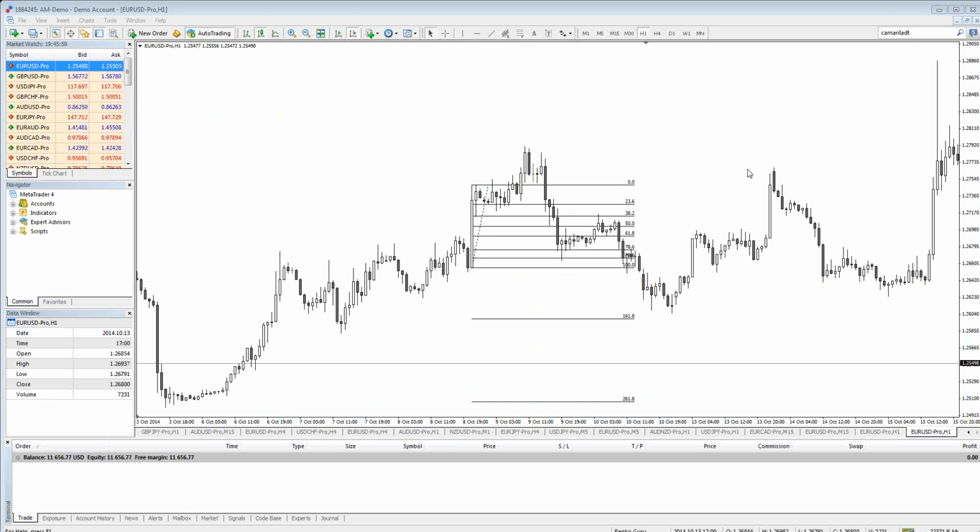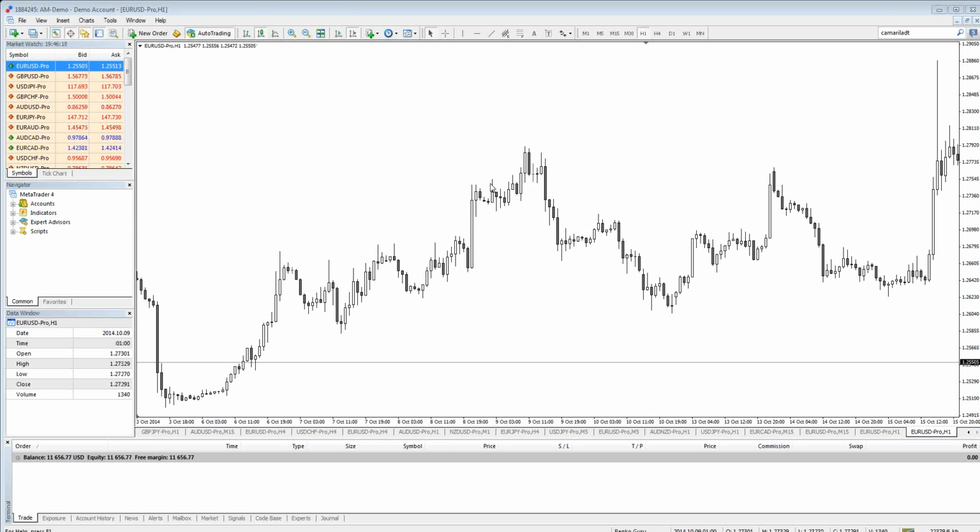Sorry guys, the screen was paused. Thank you for noticing. Now this is the example, okay? This is the example. The Marubozu candle is this one, okay? You always need to take the spike into account. Look, so let's do it again. This is the Marubozu candle, okay?